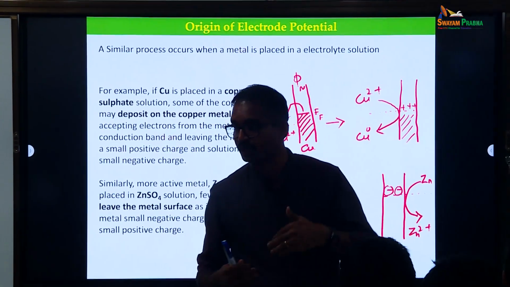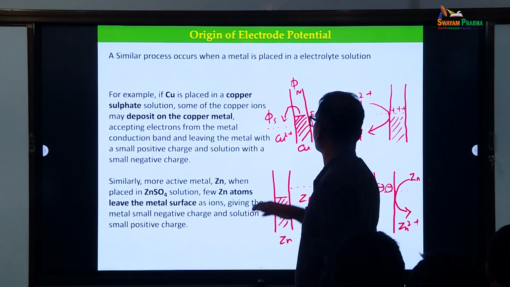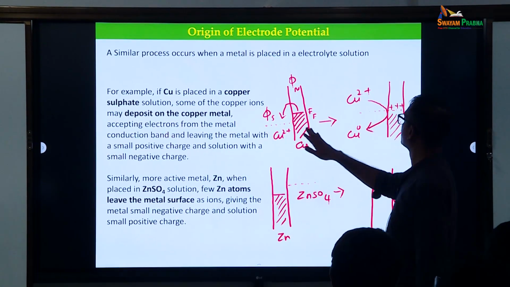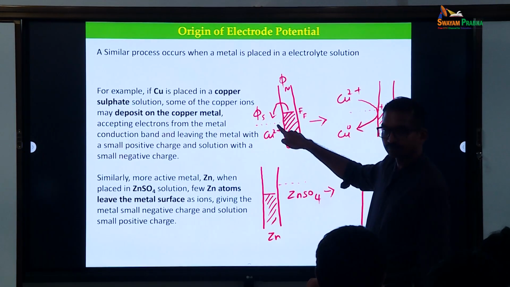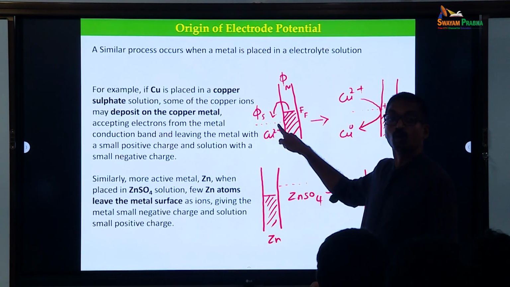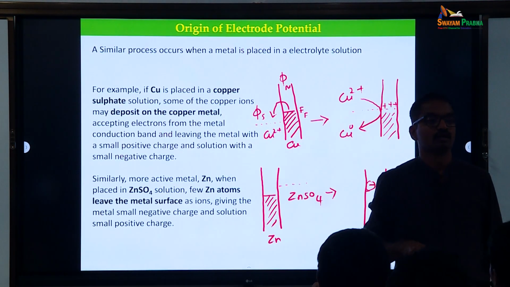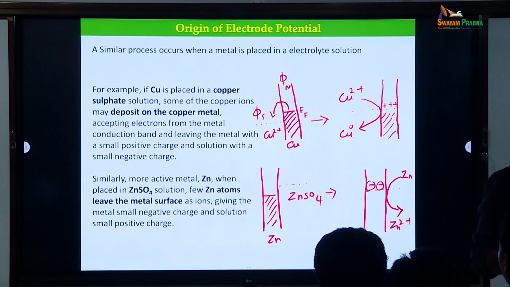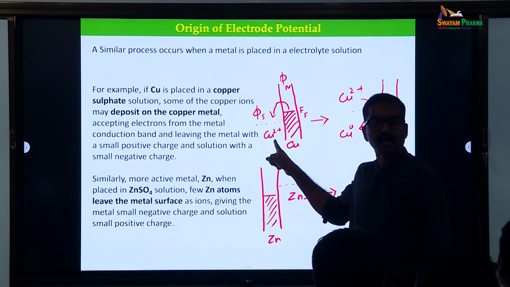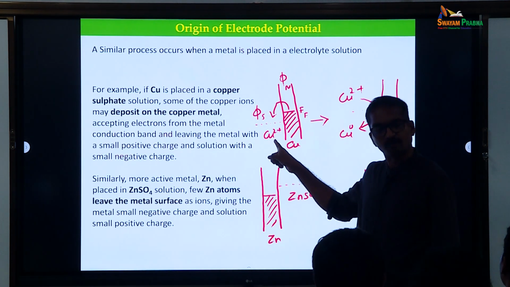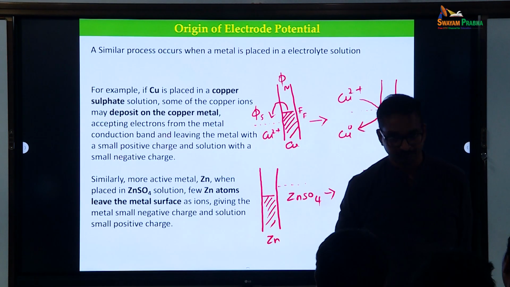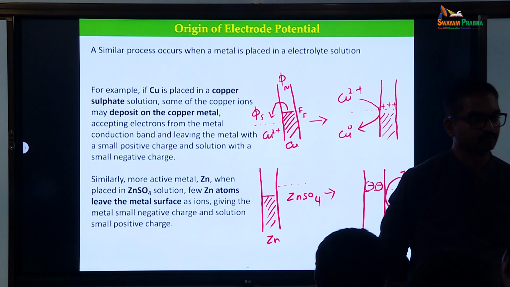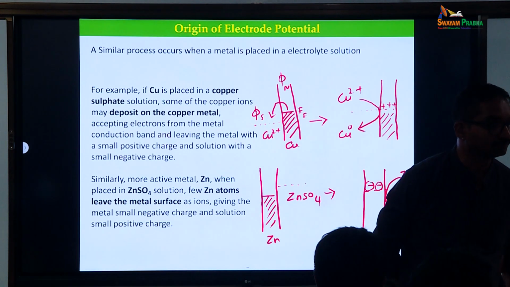Ion? Ion is a common answer. Copper 2 plus is ion. Okay, how many of you are saying it's a molecule and also ion? How will I make copper sulfate solution? Take copper sulfate, put it in the water. Correct, no? Then what will happen to copper sulfate when you put it? It dissociates into copper ions and sulfate ions.